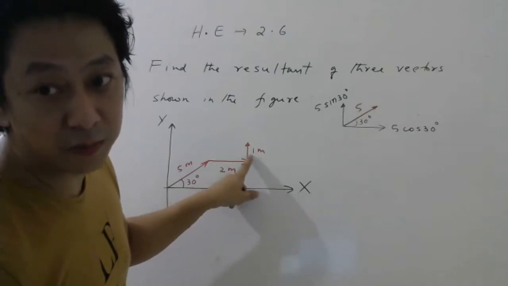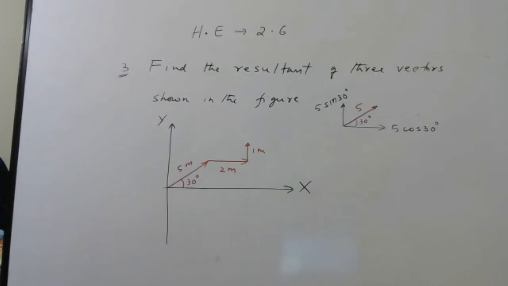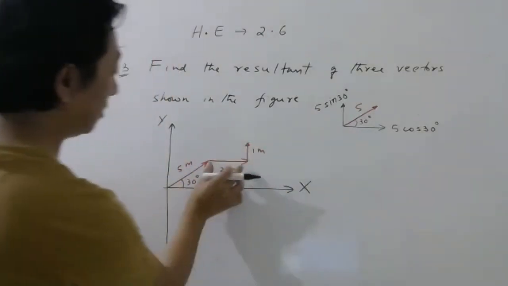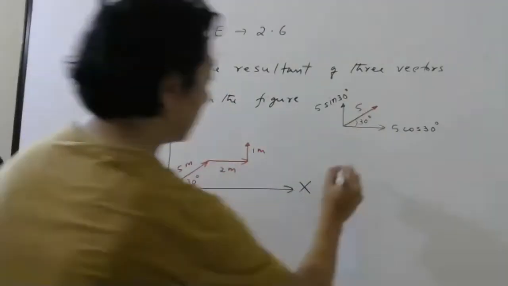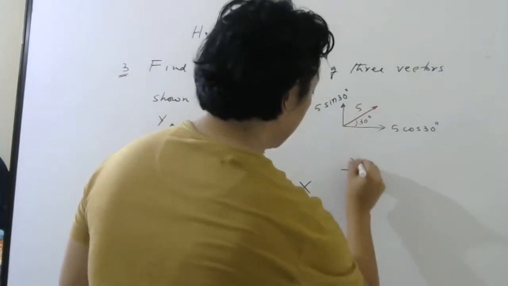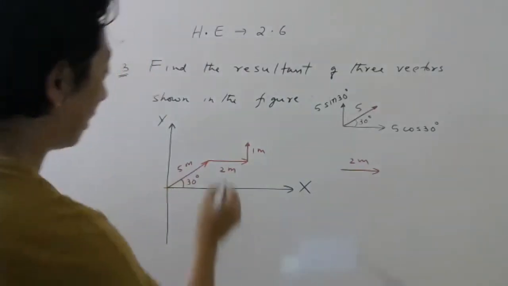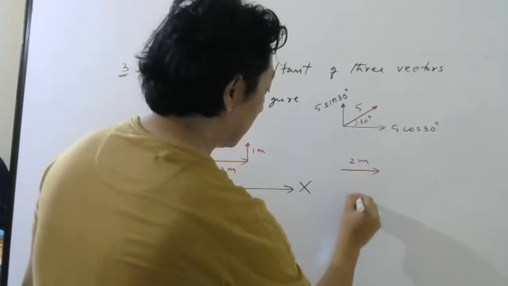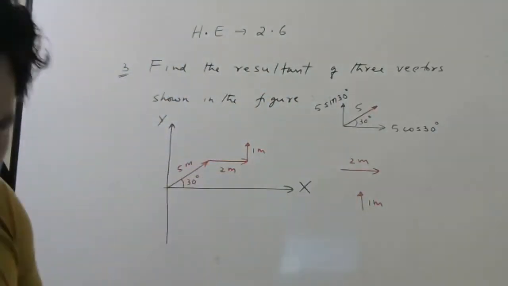Will it have an x component? It is a y component only, correct. Once we have understood this, for these two I don't need to draw this diagram. Second vector is here. For this, I don't have to take components. This is along the x-axis only. And this is along y. So this is the diagram of the components.